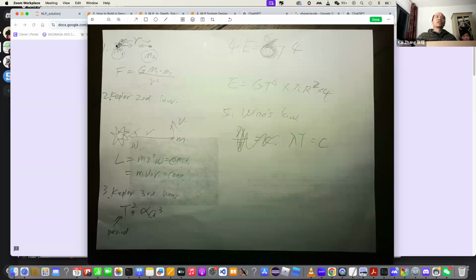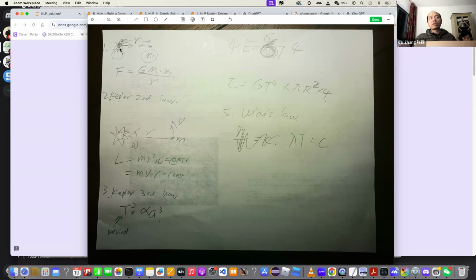So this is the situation. For example, this is the sun, with mass M1, and this is the Earth, M2. What is the force between the two? This is the formula to calculate the force between the two objects.